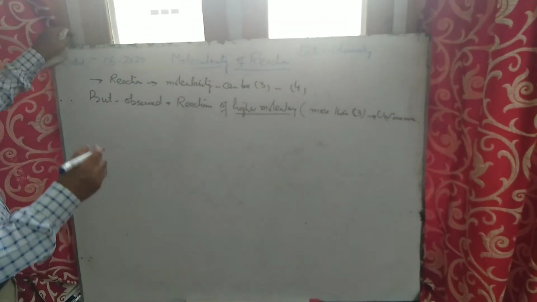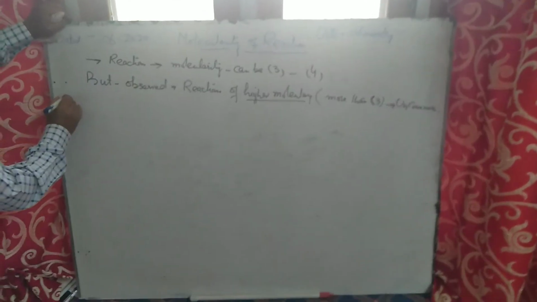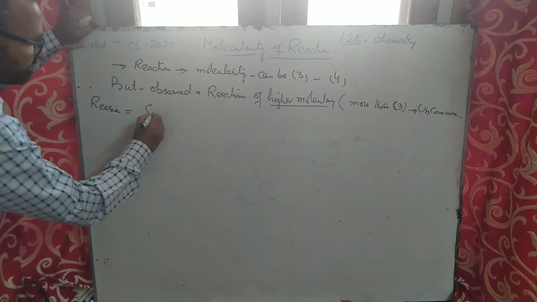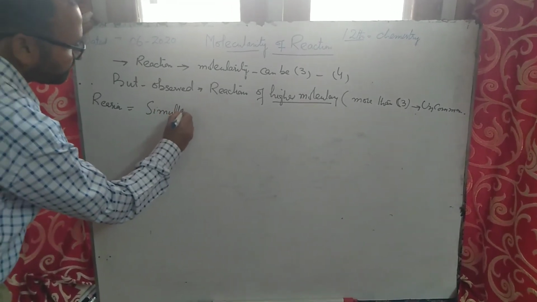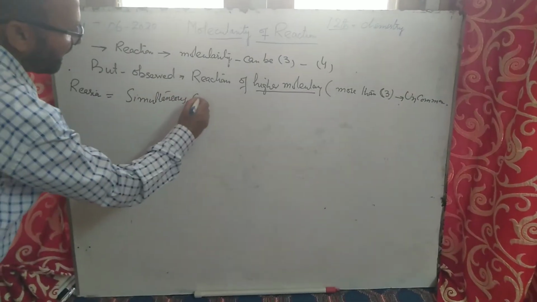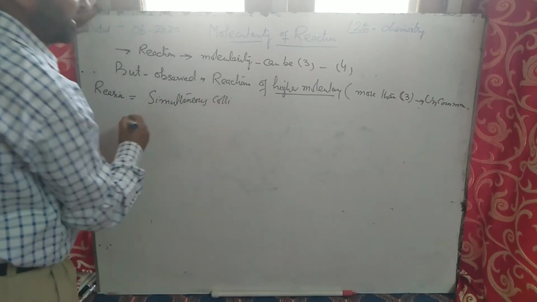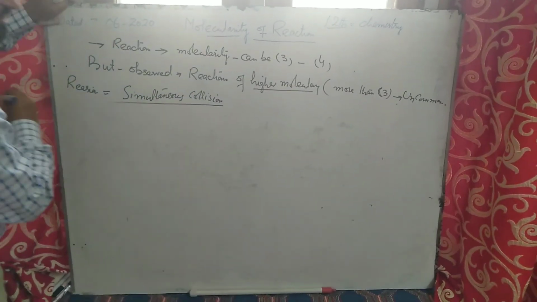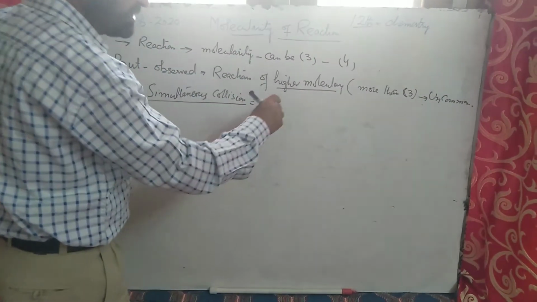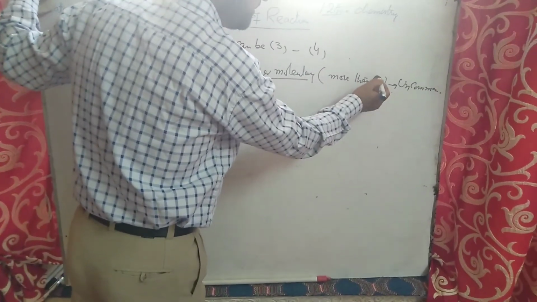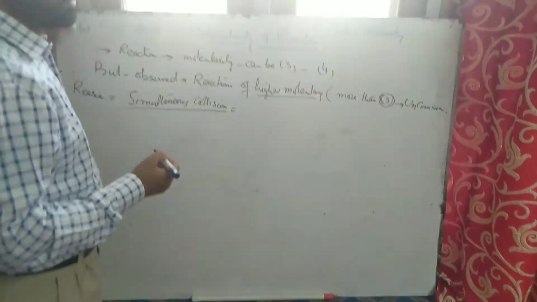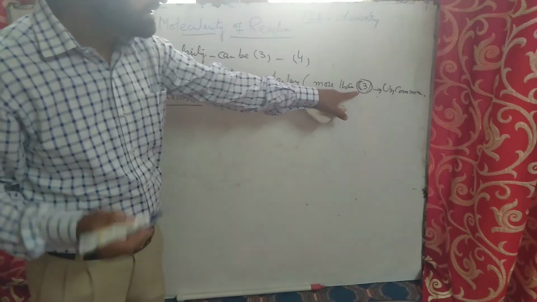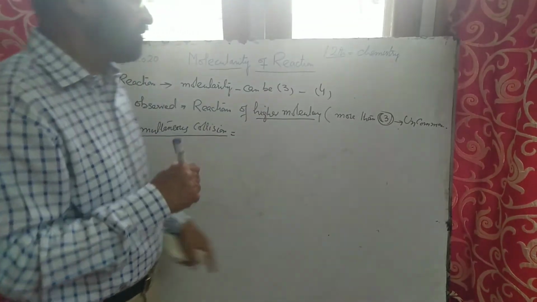Why are they rare? What is the reason? The reason behind this is simultaneous collision. I have underlined that word simultaneously in the definition. Simultaneous collision, what does it mean? It means if the molecularity is 3, that there are 3 molecules colliding. What does trimolecular collision mean?